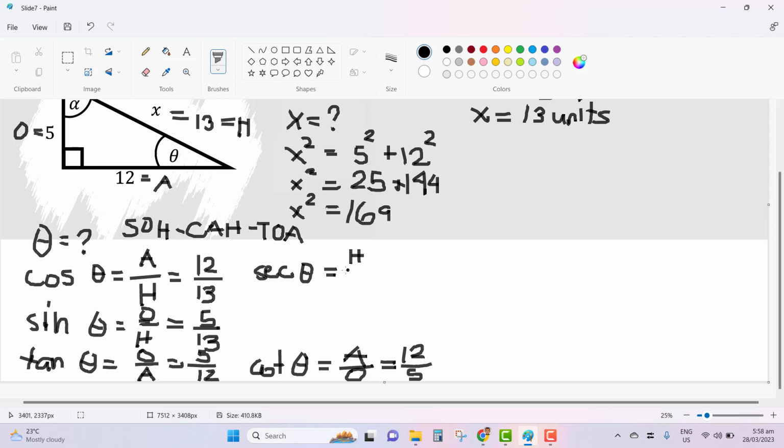So instead of A over H, you have H over A, and simply reciprocate the value. You will have 13/12. And finally, for cosecant theta, it's the reciprocal of sine theta. So you'll have here H over O. You will get the result 13 over 5.